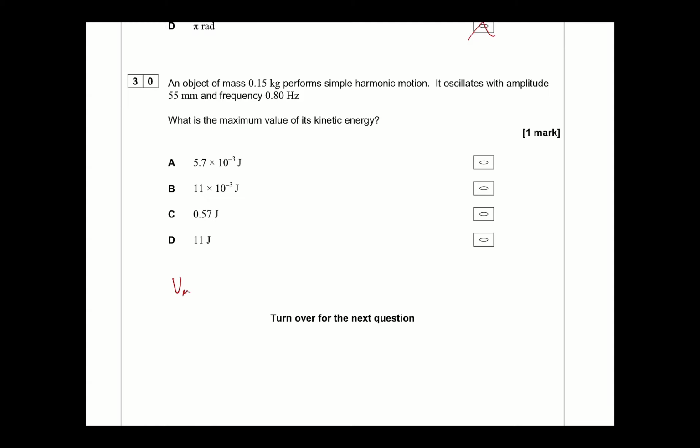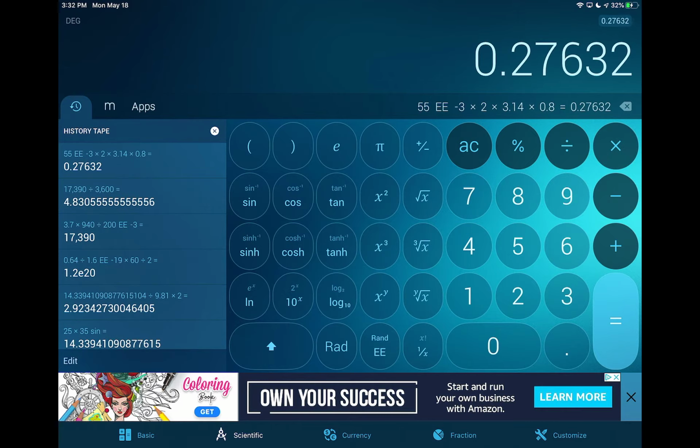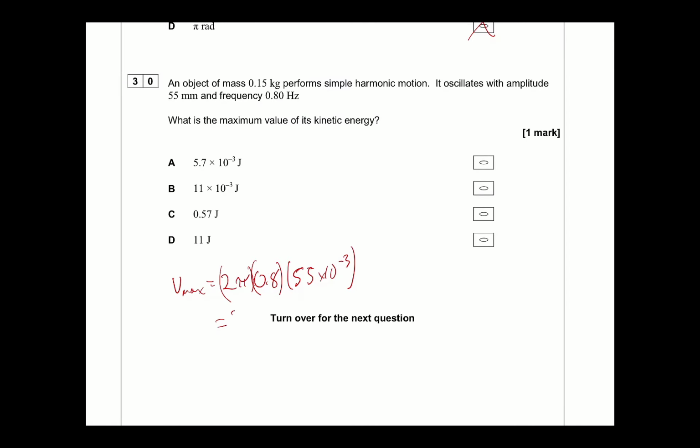So Vmax is 2 pi times 0.8 times 55 times 10 to the minus 3, which is 0.276.